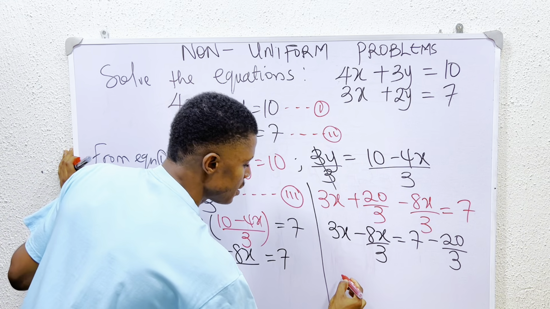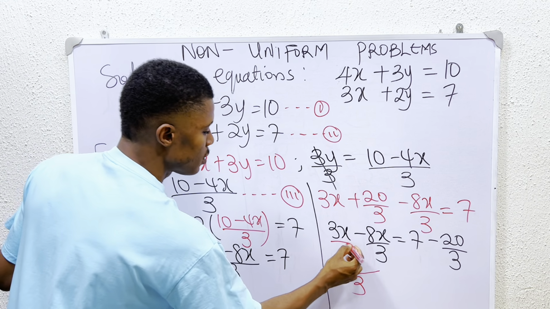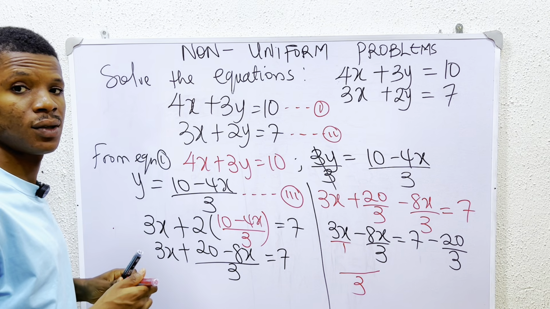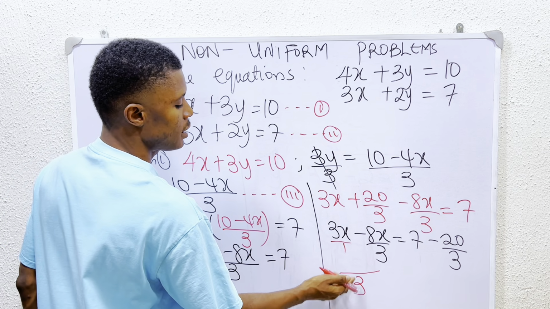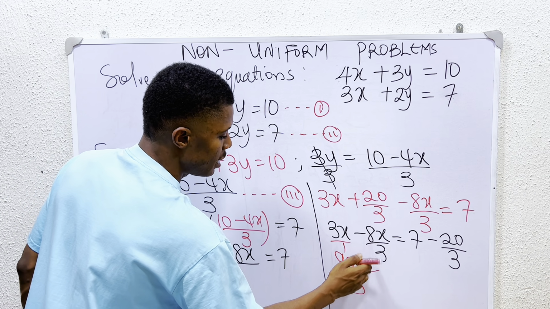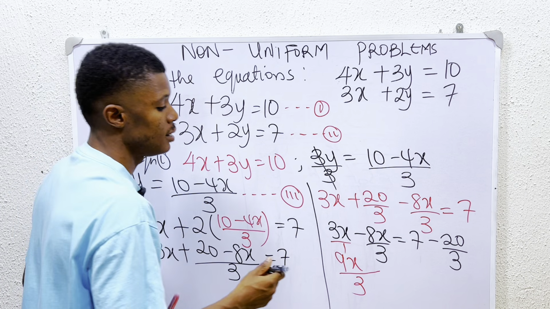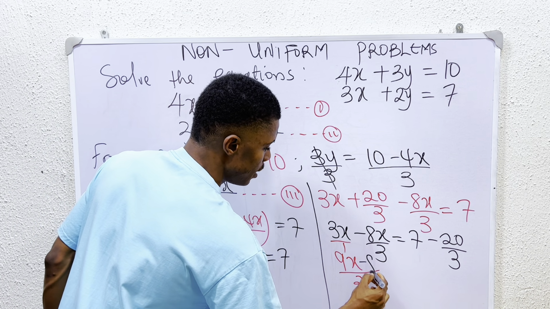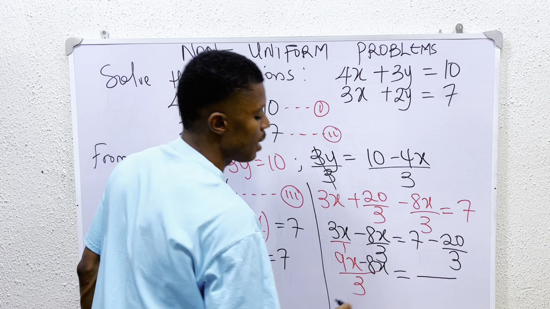We now have to express this in a common denominator of 3. This is just 3 over 1 because the LCM is 3. So 1 divides 3, you have 3, and 3 times 3 is 9. So you have 9x. 3 divided by itself is 1, and 1 times 8 is 8. So you have minus 8x.